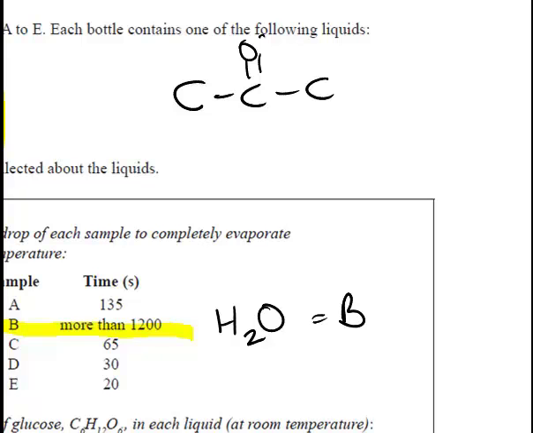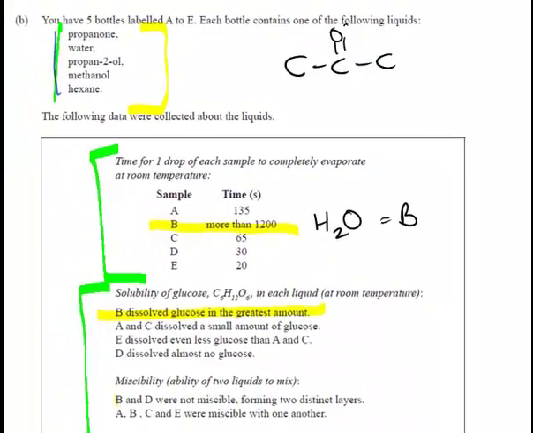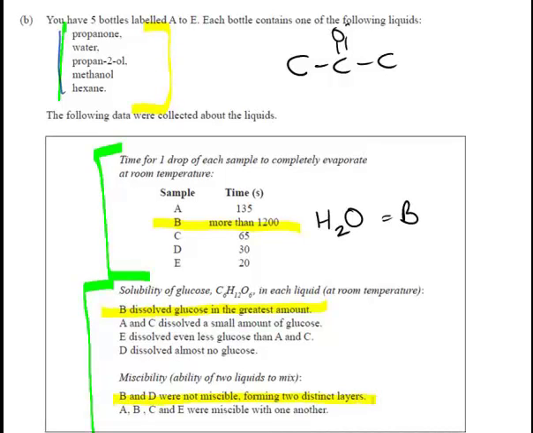So when we look at this information and it says B and D were not miscible, D dissolved almost no glucose. We're talking about something that's really absolutely non-polar. So that would be hexane.